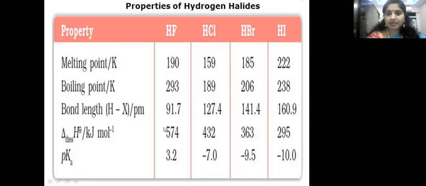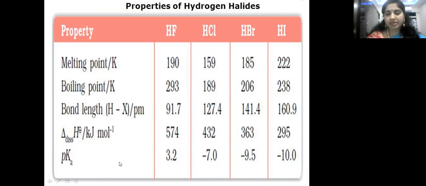So it means that bond length from top to bottom increases. As bond length increases, then what happens? Bond dissociation enthalpy decreases. So see here, 574, 432 and 363, 295. So bond dissociation enthalpies decreases. As bond length increases, bond dissociation enthalpy decreases.